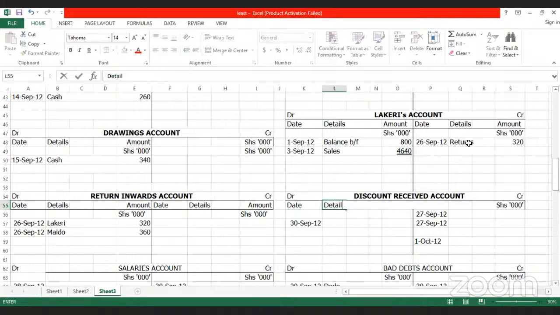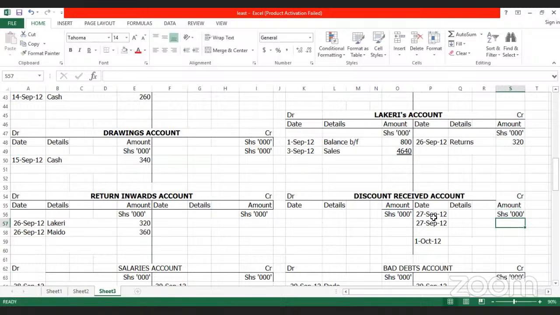So we shall record the discounts that have been received on the credit side of the account.